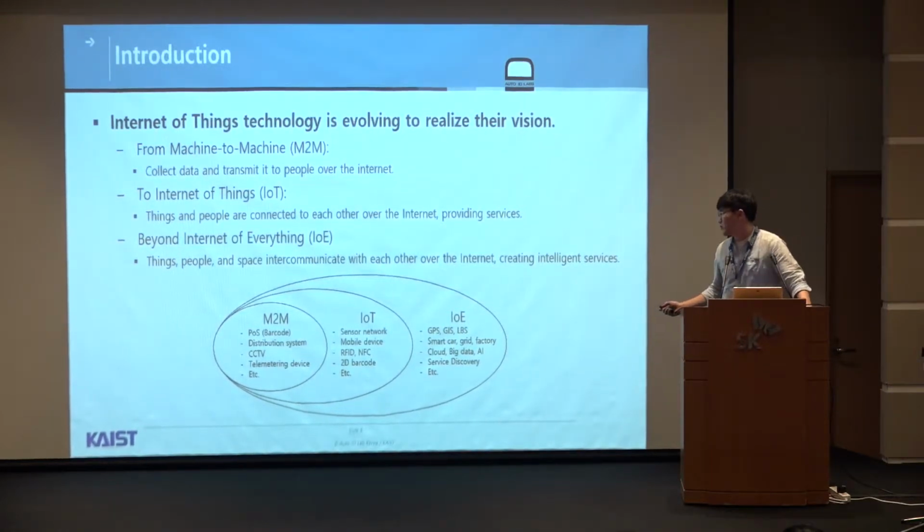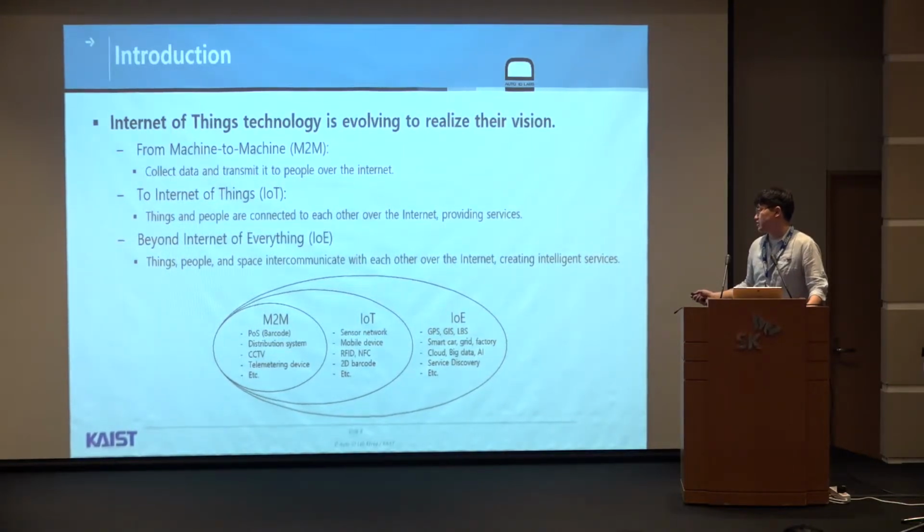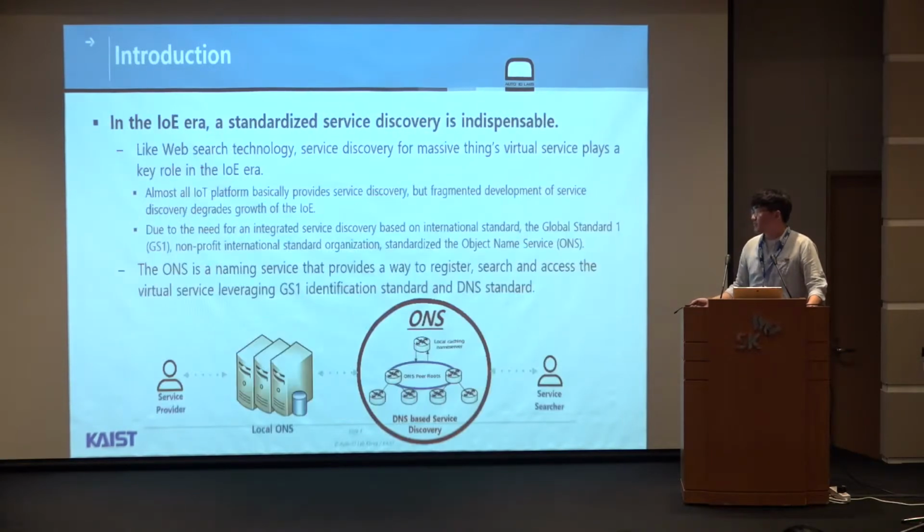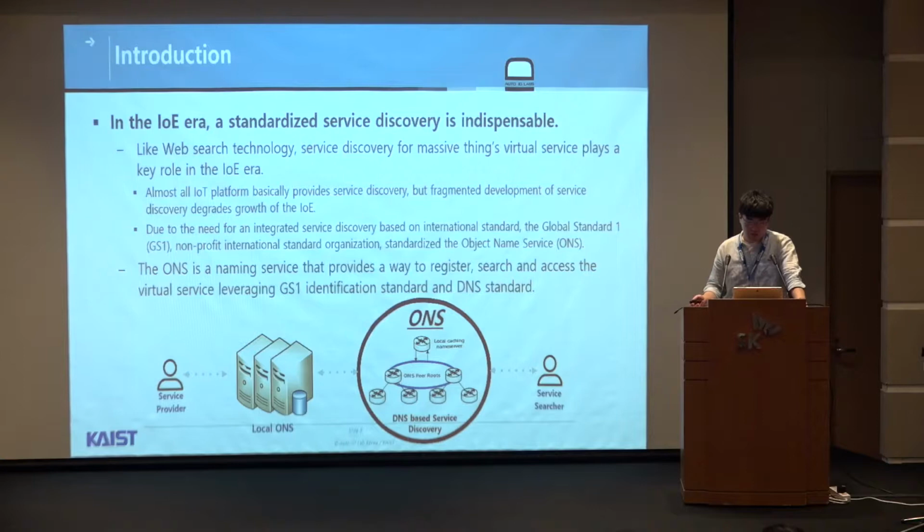At this time, we have to connect these intelligent services to people's wants and desires. So some standard service discovery is now indispensable. Like web service technology, service discovery, such as a search engine like Google, plays a very key role in the Internet of Everything era.